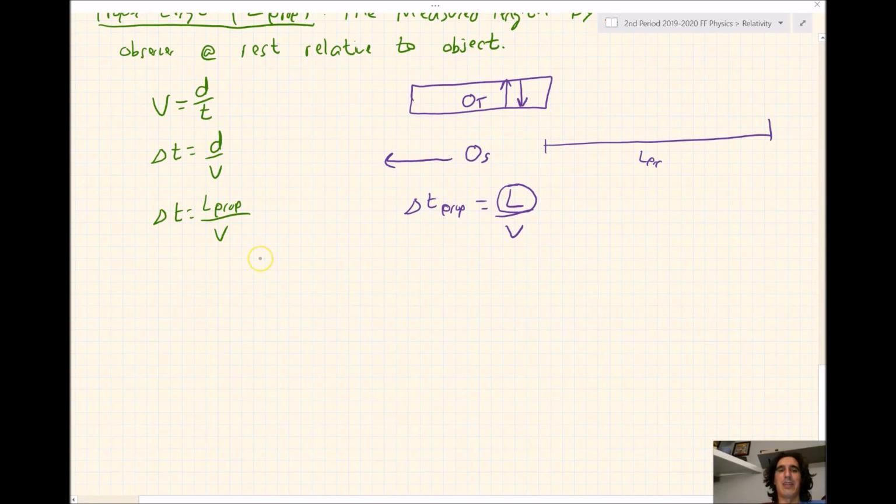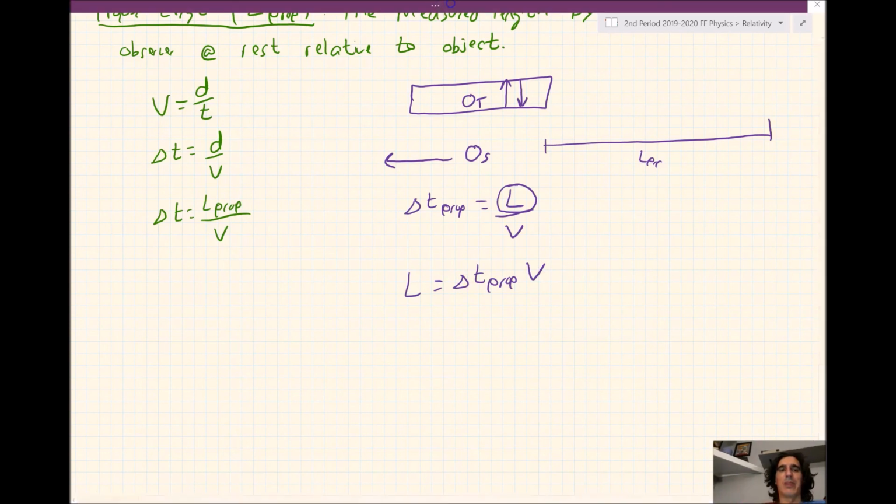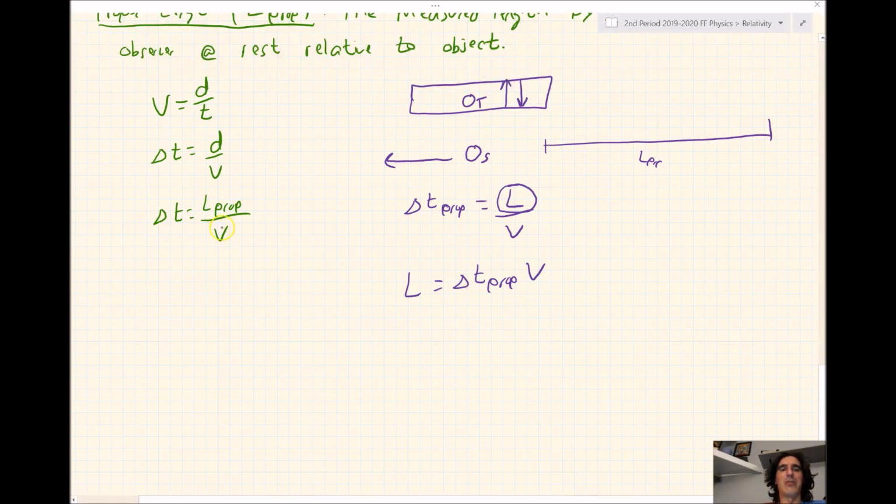So let's first solve for L on the left side. So we have L is equal to delta t prop times the velocity. The other equation, we see that there's a velocity, so let's get V by itself. V is equal to L prop over delta t.